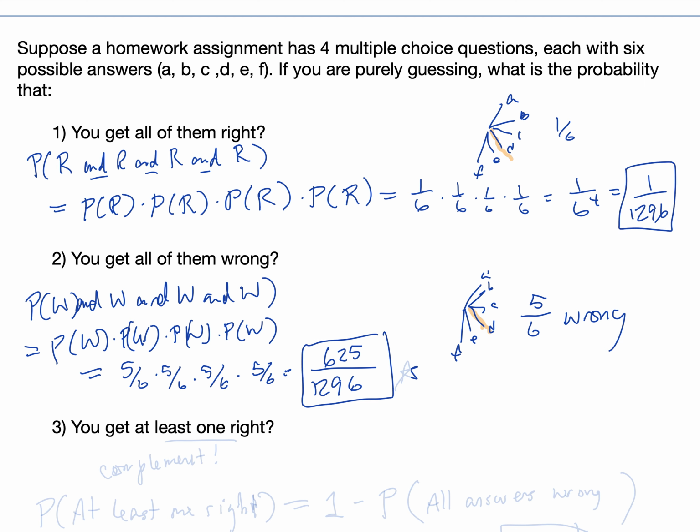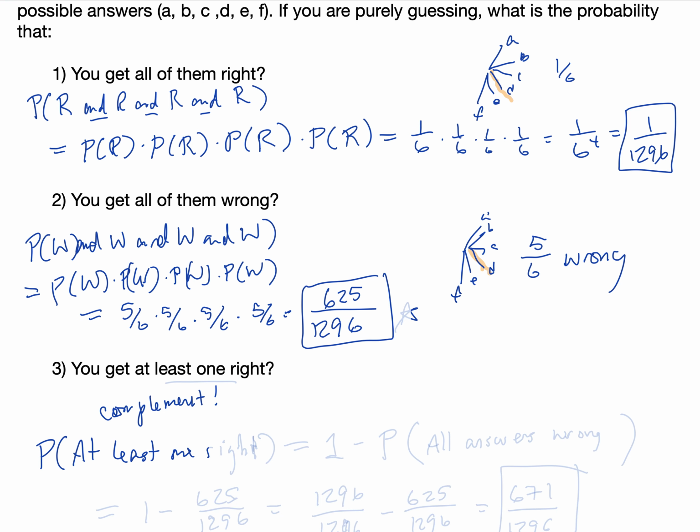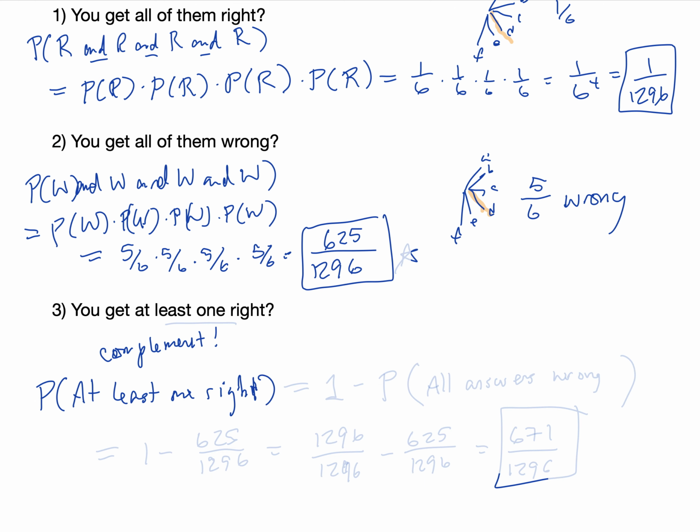What is the probability that you get at least one right? Here's a place where it's easier to think about the complement of this event. So probability of at least one right is going to be equal to 1 minus the probability of the complement.